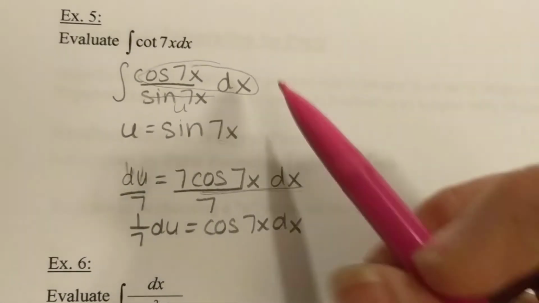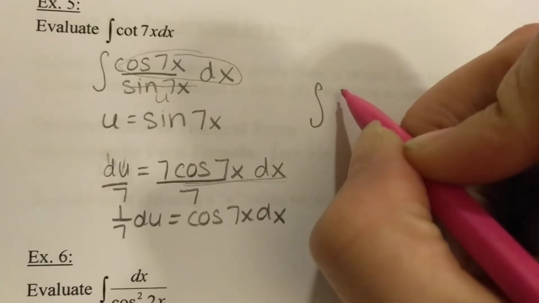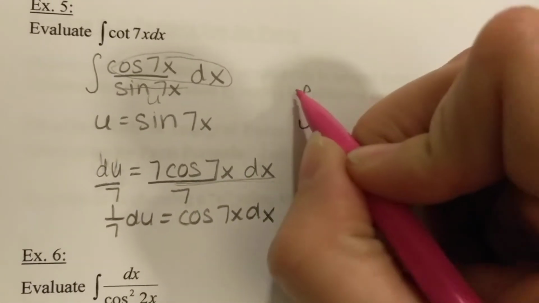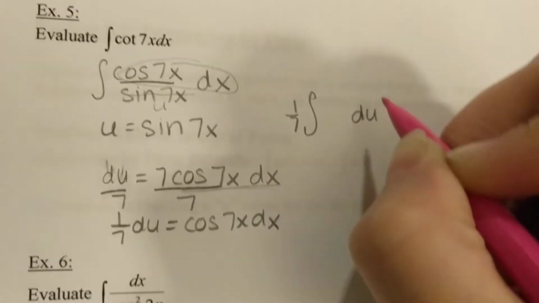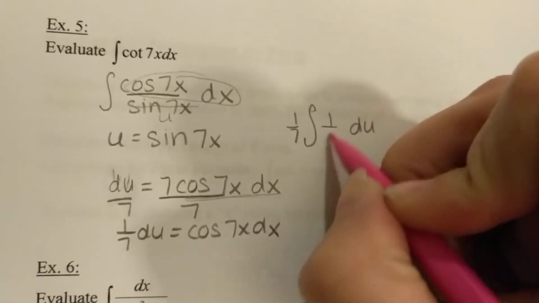All right, so now we rewrite our integral. Cosine of 7x dx gets replaced by 1/7 du, and the sine of 7x was my u, so I have 1 over u.